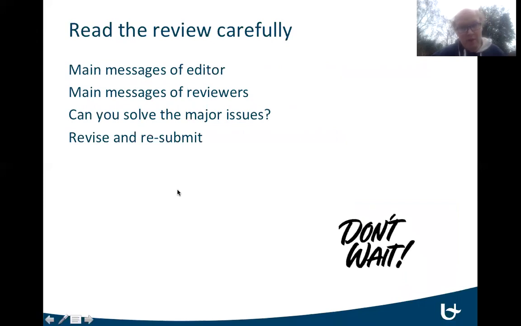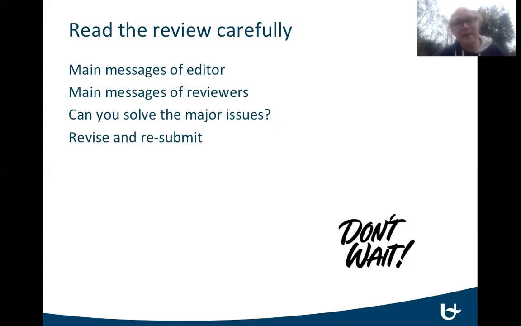So what you need to do is, and I move myself again a bit, read the review carefully. Look at the main message of the editor. Usually the editor gives some clues about what she or he wants you to spend attention to. Look at the main message of reviewers. It's very rarely the case that the reviewers agree, so they might have conflicting suggestions.